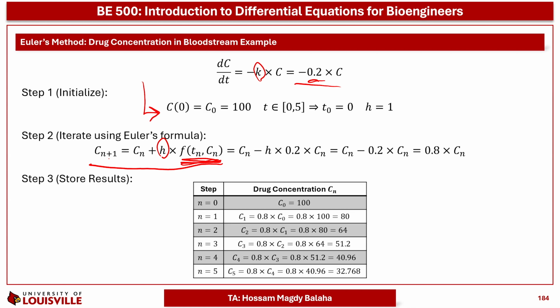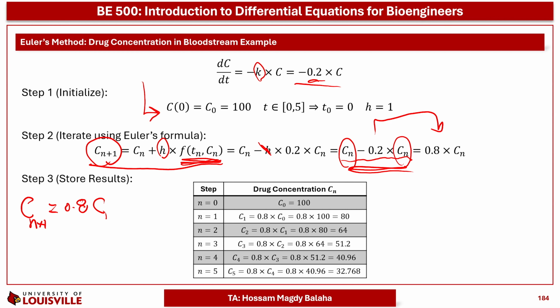So simply, the next step, or c of n plus 1, will equal cn minus 0.2 multiplied by cn, as h equals 1. We have here cn and cn, so simply this will give 0.8 multiplied by cn. So the final equation to get the next value will equal 0.8 multiplied by cn. So from that, we can observe that the next step is a decay from the earlier step by 20%.